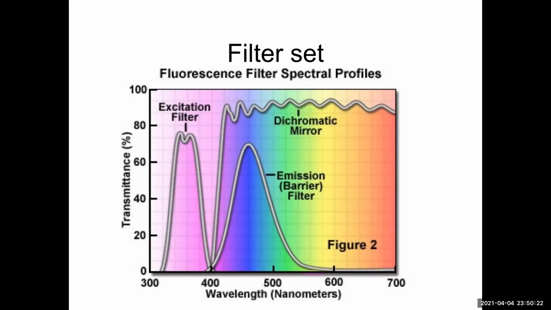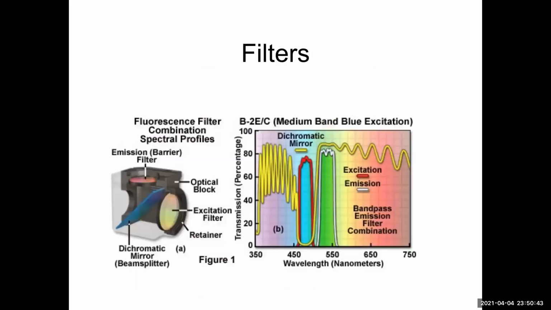Because whatever the emission filter lets out, the mirror lets out. And the mirror blocks the excitation colors, right? It reflects them. So when you look at what gets transmitted through the mirror, it's going to match your barrier filter in terms of the wavelengths. I hope you can see that on this. And so let's look at just another way of describing this.